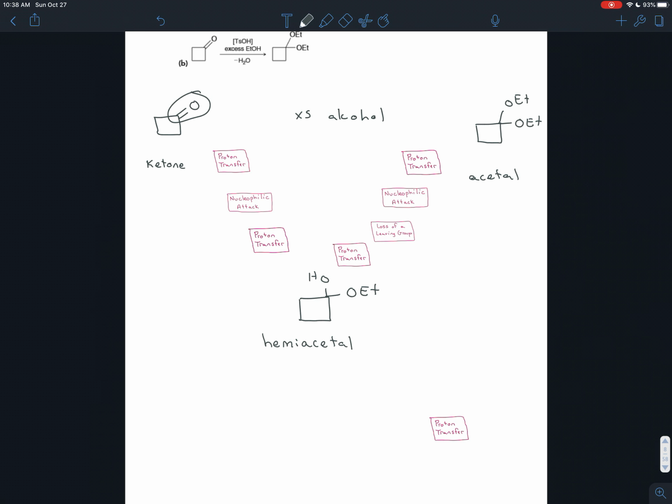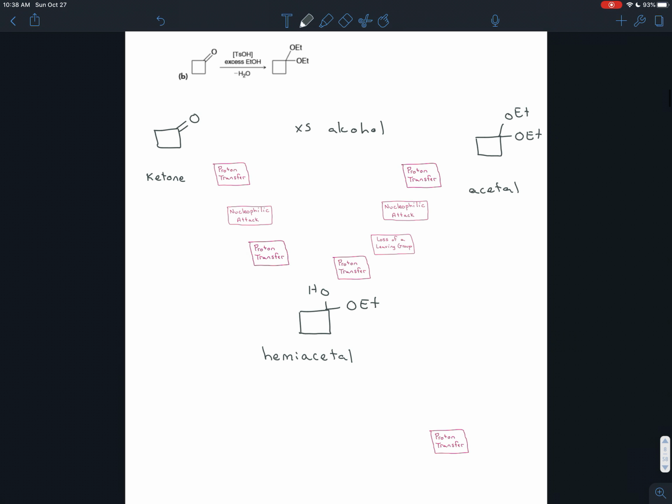That halfway point is called the hemiacetal. And so here is a picture of our ketone in this specific exercise, our acetal that they gave us, and the hemiacetal in between. So you put one of the ethoxy groups on, one of the OR groups on, and the other is an OH that's ultimately coming from the oxygen in the ketone.